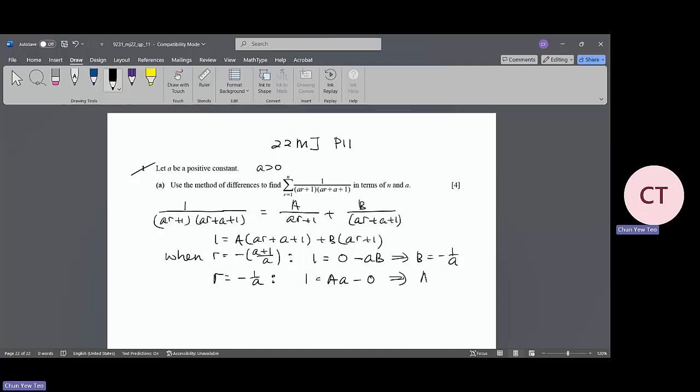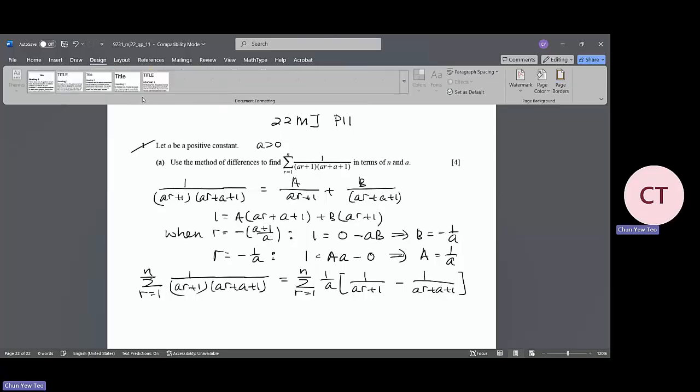Then your A will be 1 over a. So your series over here can be decomposed into two fractions, which is 1 over a times 1 over (ar plus 1) minus 1 over (ar plus a plus 1).